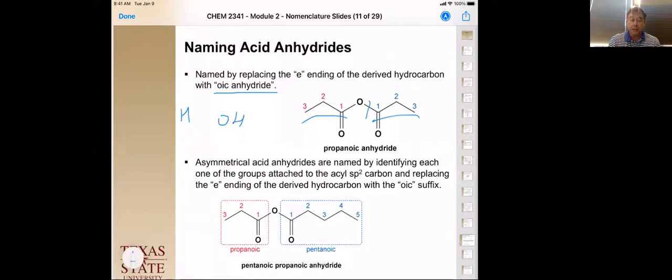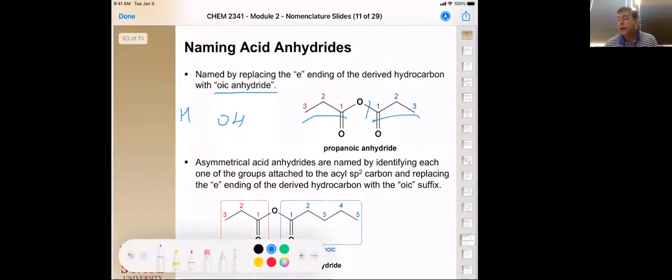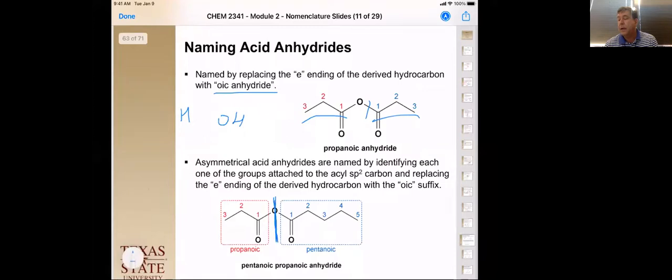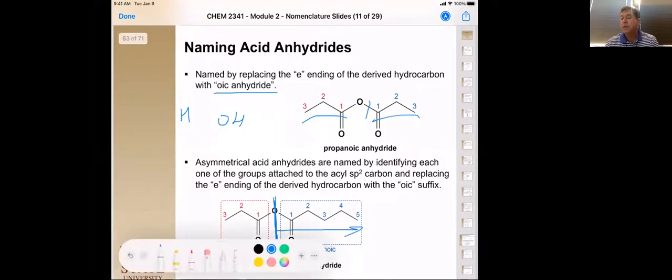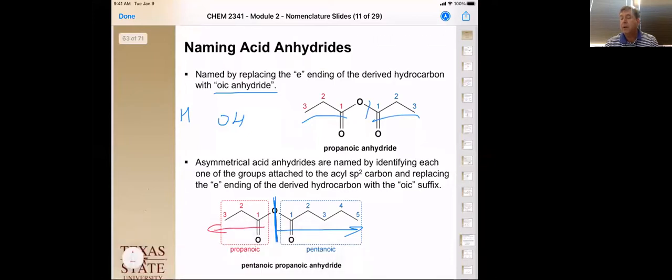If it's unsymmetrical, then you have to name each one independently and list them in alphabetical order. The way you do that is you cut through the center here, and you figure out how many carbons would be on this carboxylic acid, and then how many carbons are going to be on that carboxylic acid. So this would be pentanoic acid.